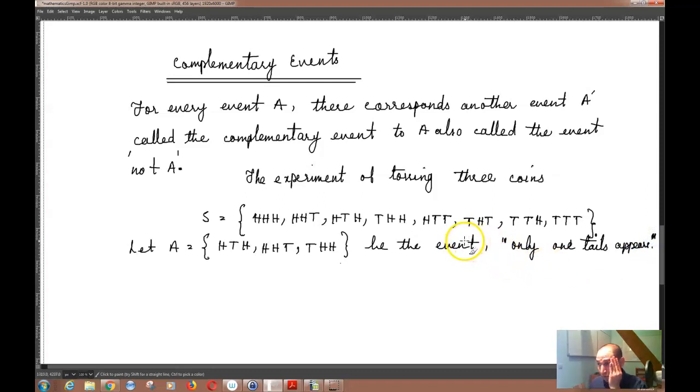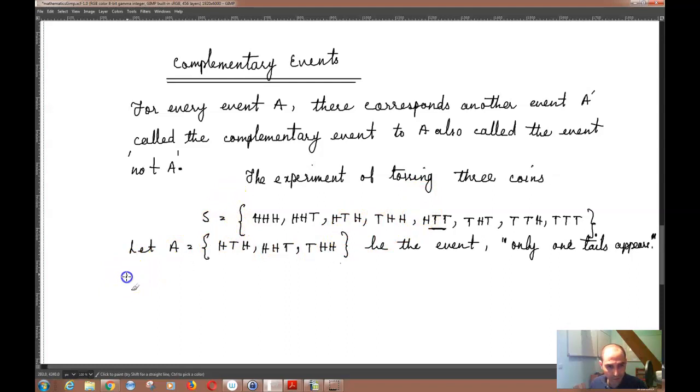Now clearly for the outcome HTT, the event A has not occurred, because here you have 2 tails. So for this outcome, this event A has not occurred. But we may say that the event not A has occurred.